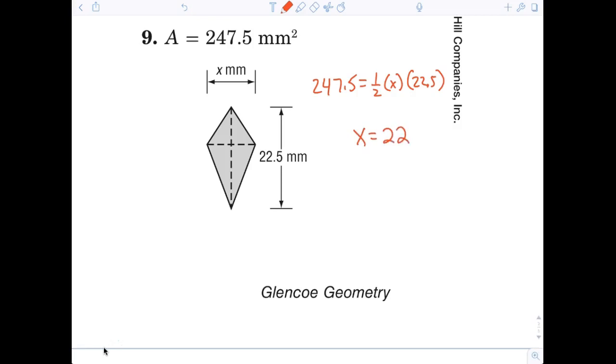Yeah. Say it again. So I took 1/2 of 22.5, and then I did 247.5 divided by 11.25. You get on this now?